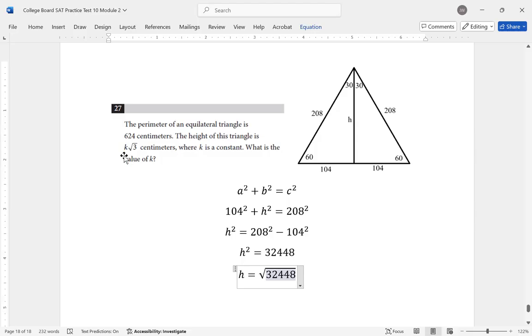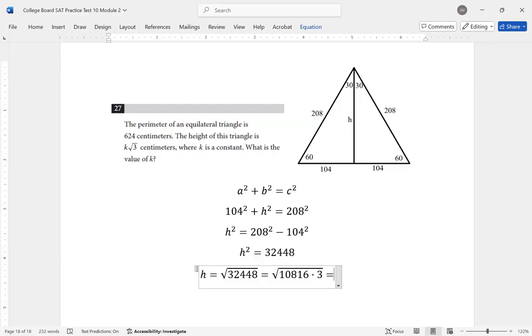Now notice we're going to be able to write this as k times the square root of 3. So I'm going to think of writing that 32,448 as 3 times something. So that's going to be 10,816 multiplied times 3. And it turns out that 10,816 has a nice square root. It's a perfect square.